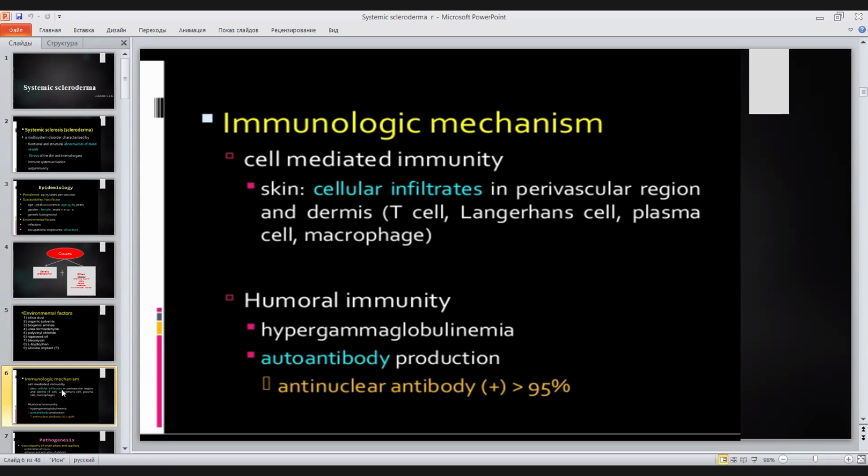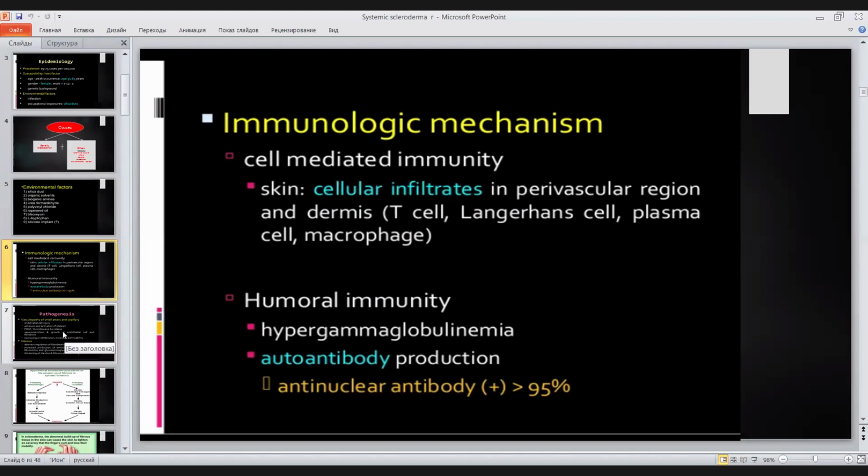Here there will be a high percentage of ANA, anti-nuclear antibody, positive in 95%. If you remember, in SLE also anti-nuclear antibody is very highly specific, especially in drug-induced SLE. I said about this in the previous lecture.